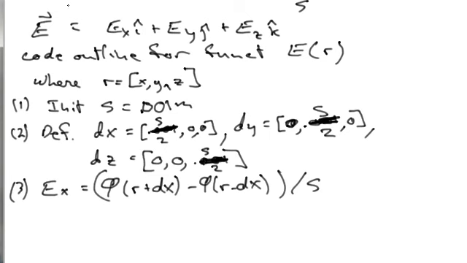I guess I don't really like the name of it. dx is the same as s, so call it h dx, half of dx, half of dy, half of dz.